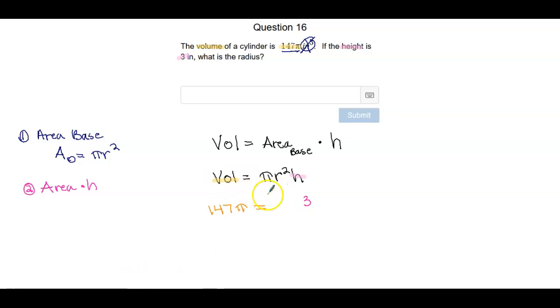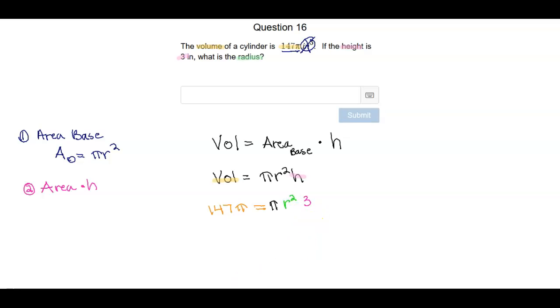Pi is just kind of like x. It's not going to change a whole lot. So this is still going to stay pi. And what we're looking for is the radius. So we are having to work backwards to try and figure out, well, if I know what the volume is, how would I find either the height or the radius? So we're going to take this radius, and that is what we're going to look for.